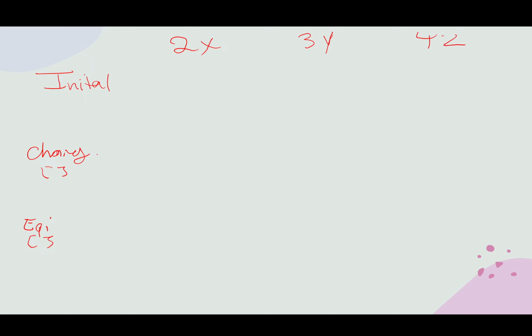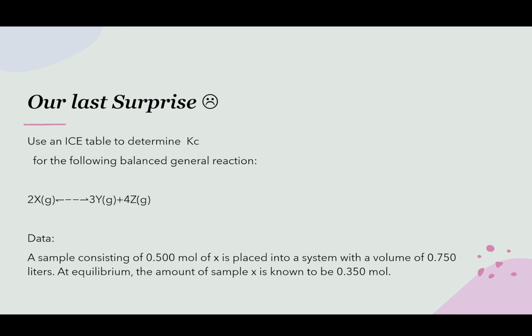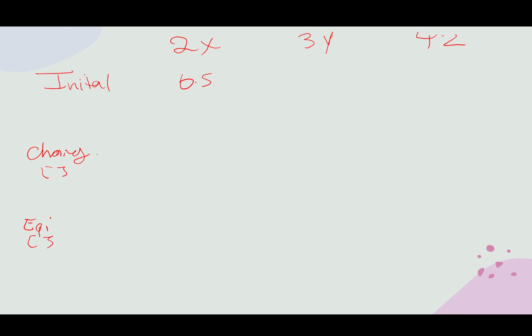We said that our sample of 2x contains 0.5 moles, and that this is the actual reactant. So initially these would be 0. Make sense so far, guys? Yes, sir.